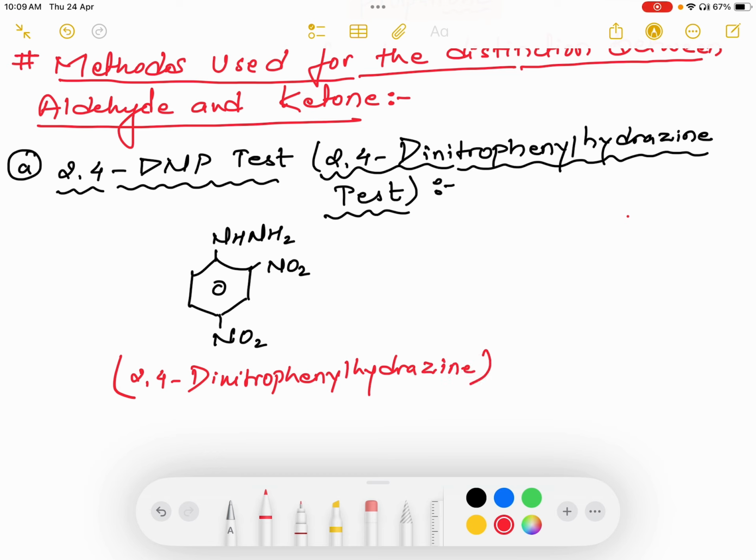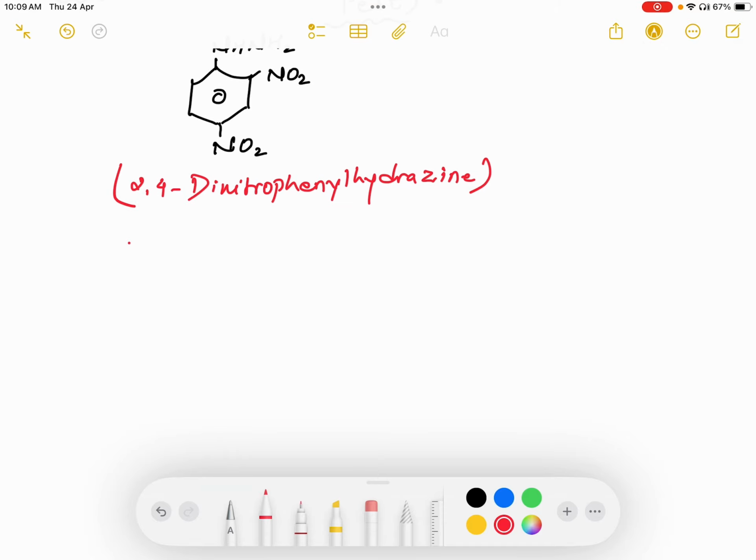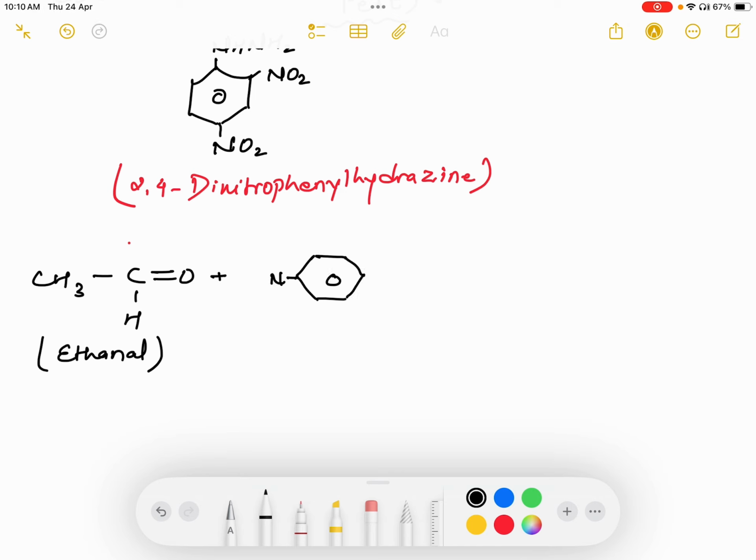Okay. Now let's move on to the reaction, to see how it identifies whether the given compound is aldehyde or ketone. So the very first reaction, let's take an example of an aldehyde: CH3, C double bond O, H, which is ethanal, an aldehyde. I'm treating it with 2,4-dinitrophenyl hydrazine. This is my phenyl group, with a hydrazine group attached at this point, NH and NH2, and two nitro groups at carbon number 2 and 4.